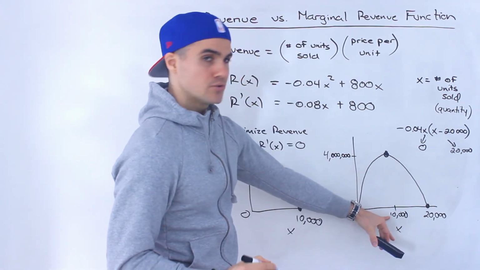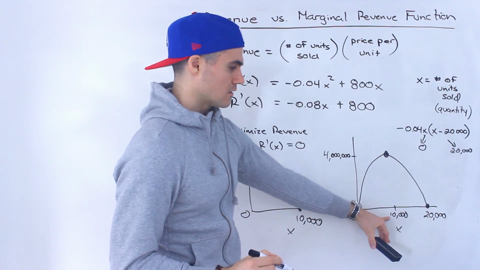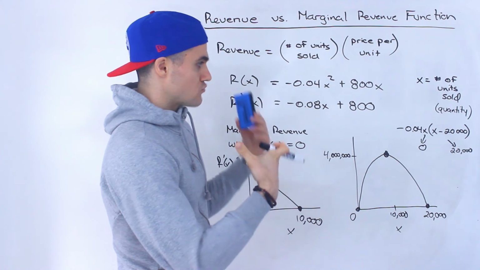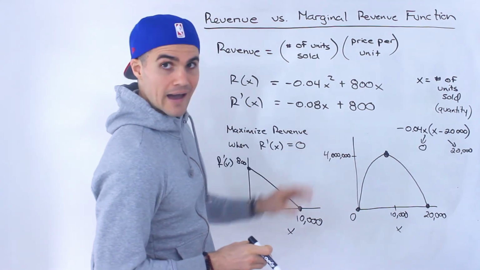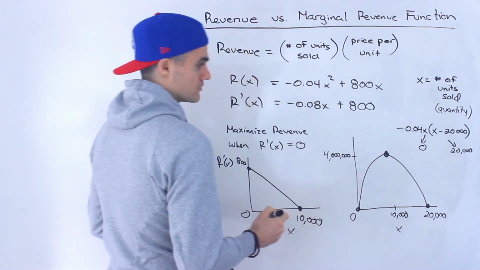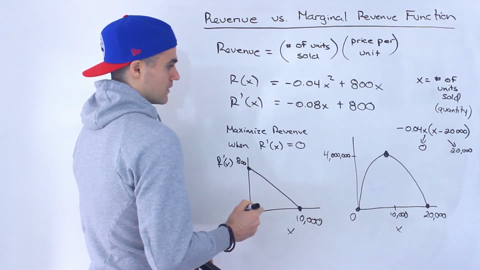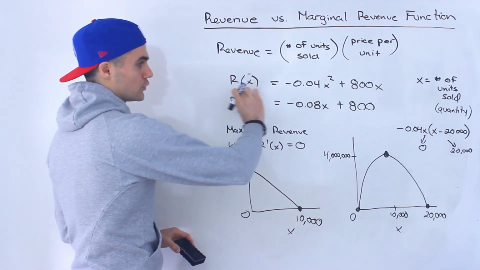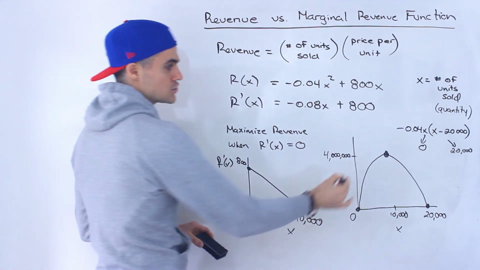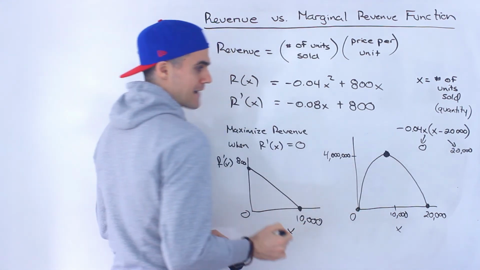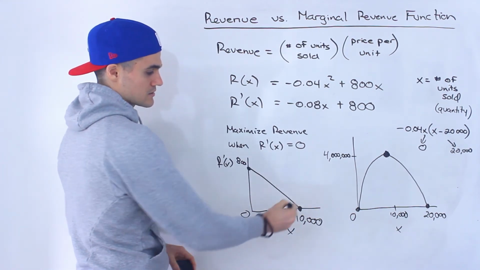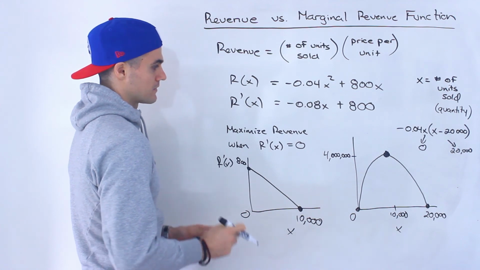So when 10,000 units are sold, the revenue is maximized at 4 million. And then after that, total revenue starts going down. So that's another use for the marginal revenue: finding the location of that maximum revenue spot. And it's basically when the marginal revenue is going to equal 0.